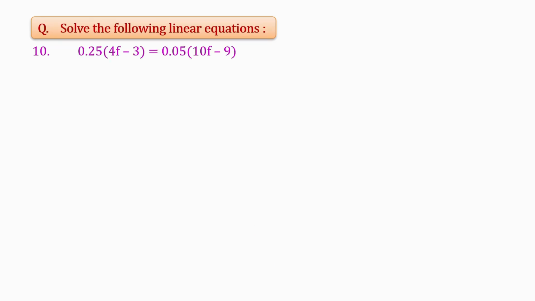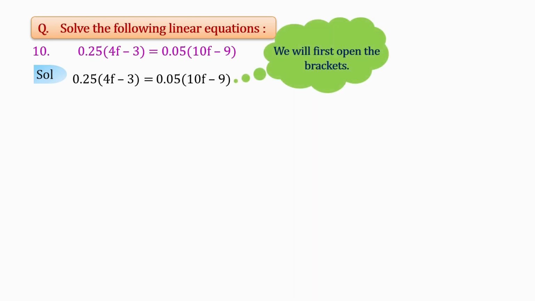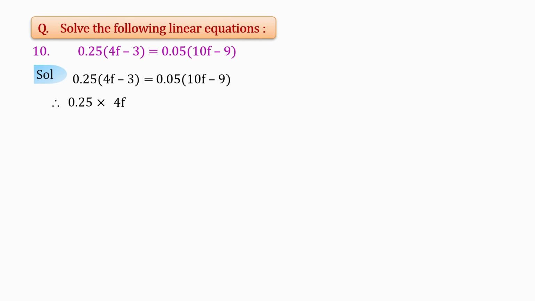Now 0.25(4f - 3) = 0.05(10f - 9). So first we are going to open the brackets and we will multiply.